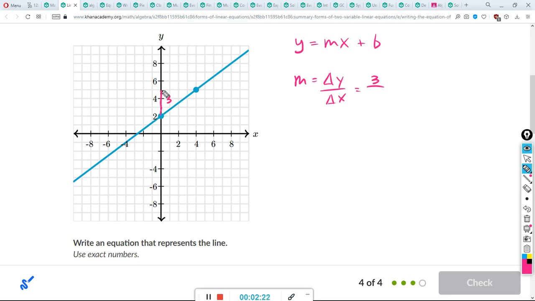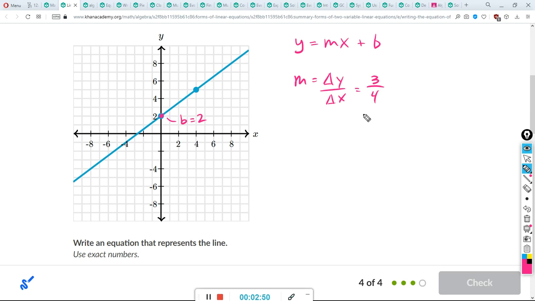And then I'm going to go right 1, 2, 3, 4. That's a positive 4 for the change in x. So we have our slope. And b is just the y-intercept. You go to your y-axis and b is right here. So b equals 2.